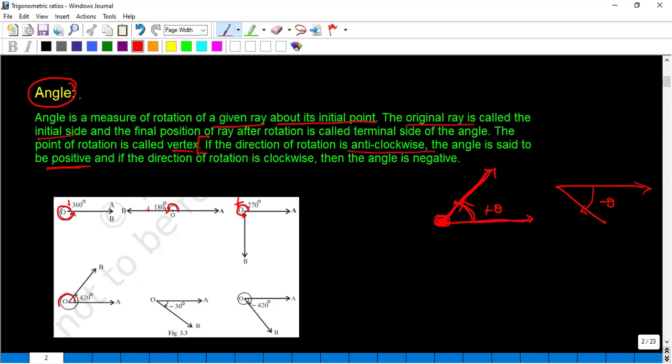Here also 420 degrees in a positive, anti-clockwise direction. But see this is minus 30, because they are going in a clockwise direction. And again this is minus 420 because they are going clockwise, so the angle is written as negative. You should understand that the direction of rotation is very important.